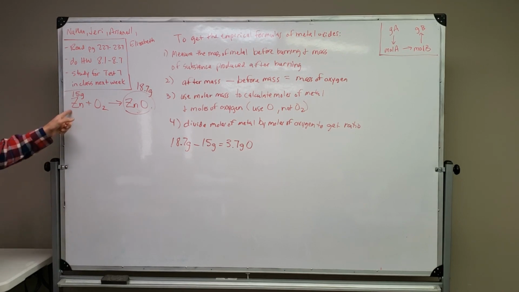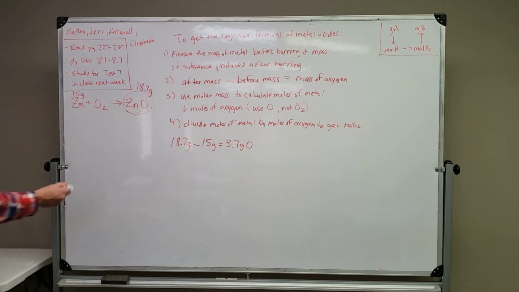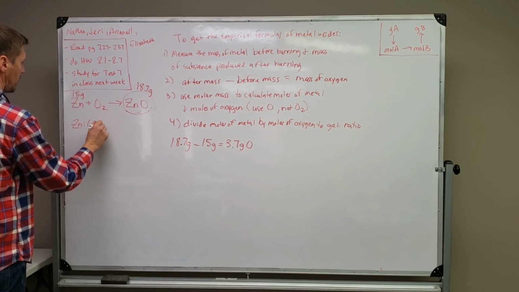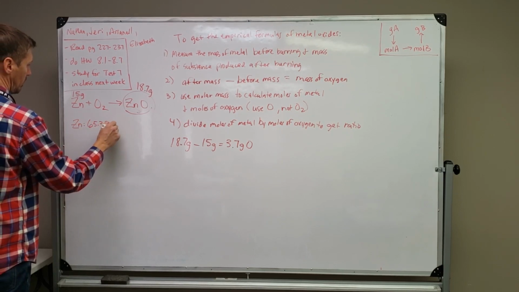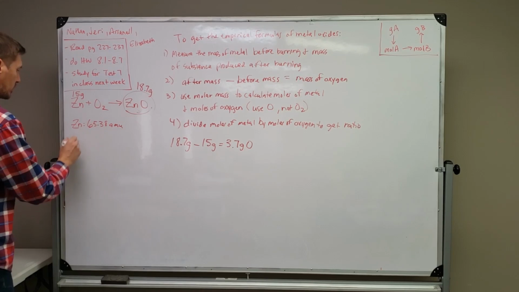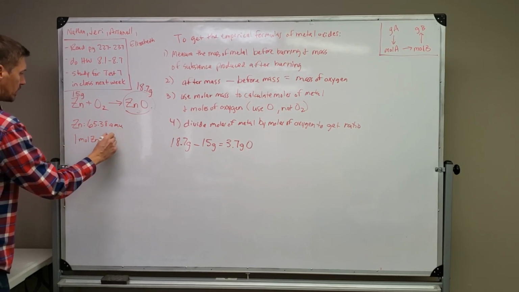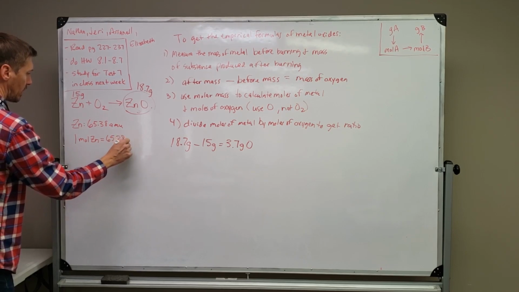All right, so the molar mass of zinc, if we look that up, zinc has an atomic mass of 65.38 AMU, that's the atomic mass. So that means that 1 mole of zinc is equal to 65.38 grams of zinc.